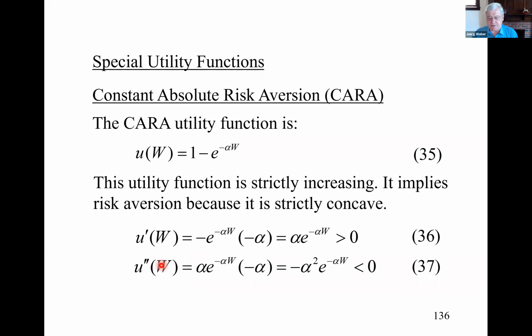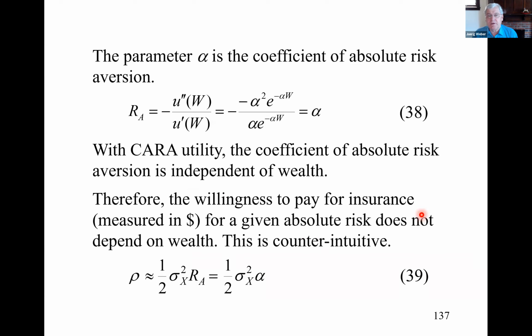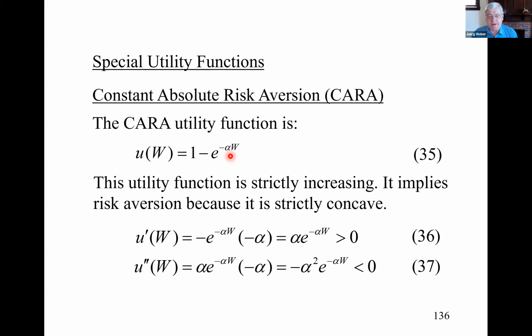We have here the second derivative, so plug this in. This is the first derivative. And so everything cancels out, and you have in the end alpha. So the parameter alpha up here is actually just the coefficient of absolute risk aversion. That's why we call it the constant absolute risk aversion utility function.